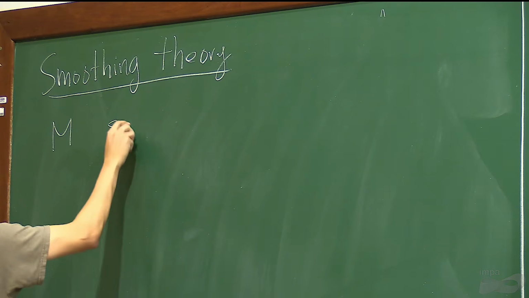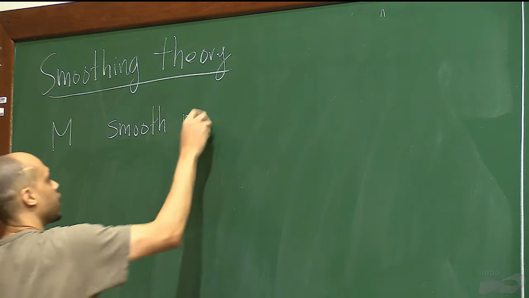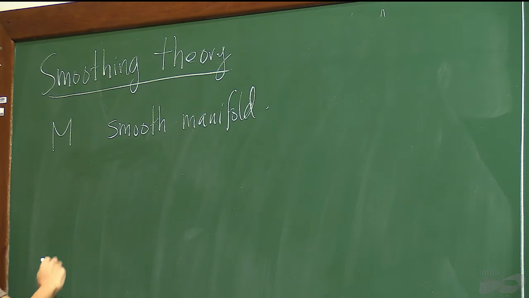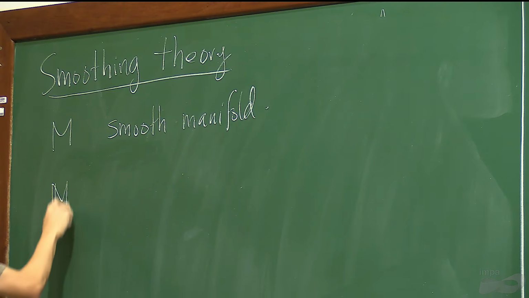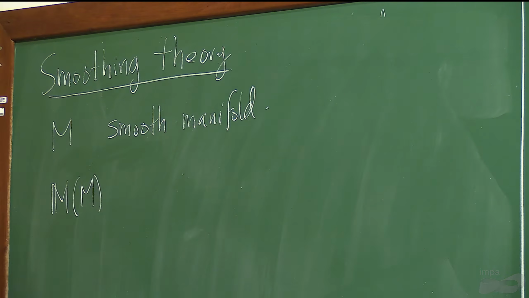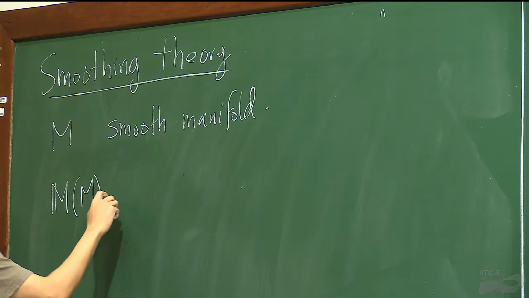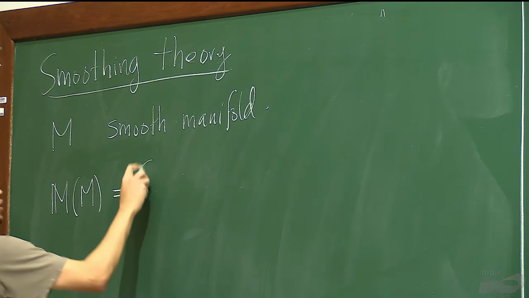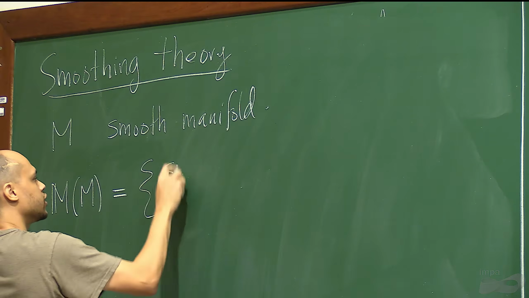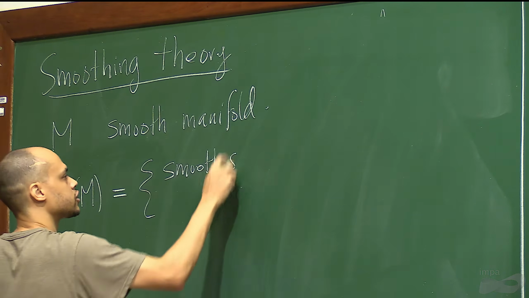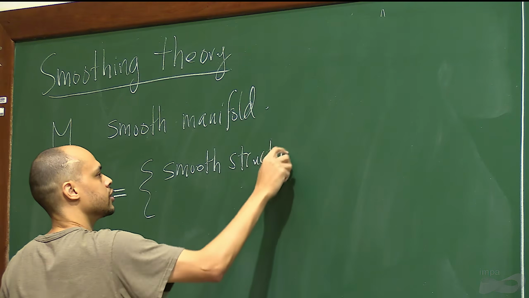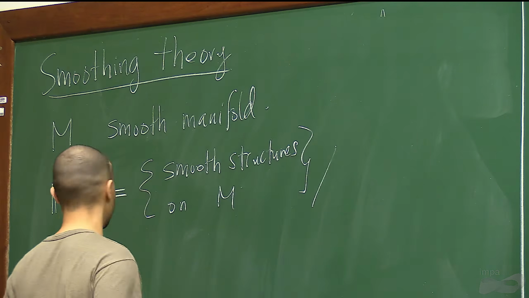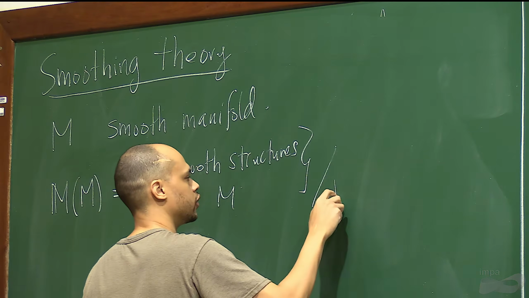Let's take it to be a smooth manifold. And then let's consider boldface M of M, which would be the moduli set of smoothings. So this will be the set of smooth structures on M, so smooth atlases up to diffeomorphism.